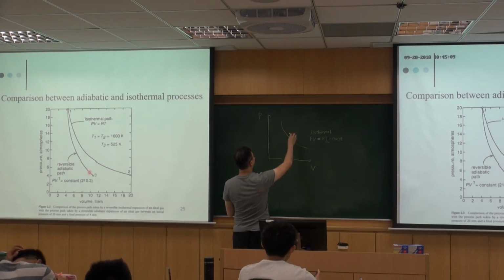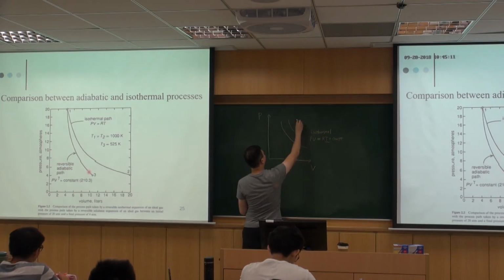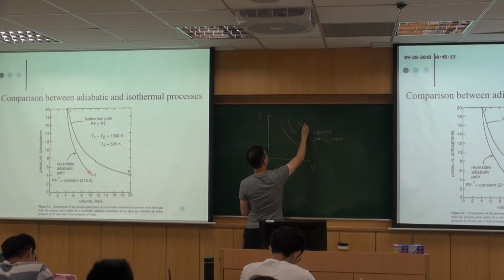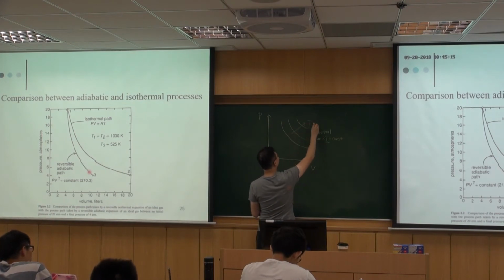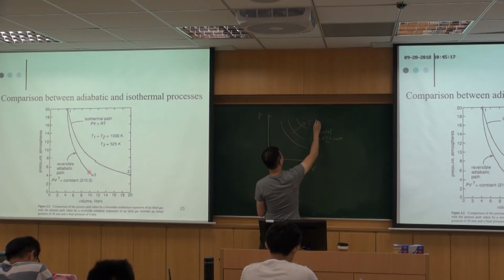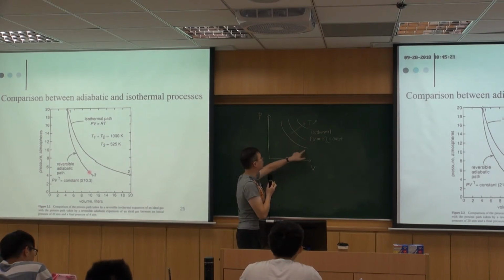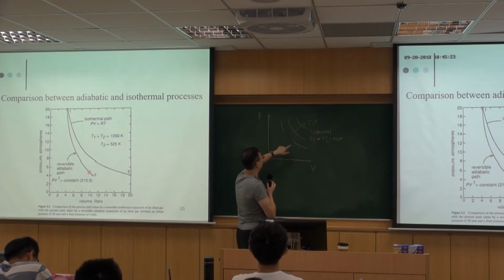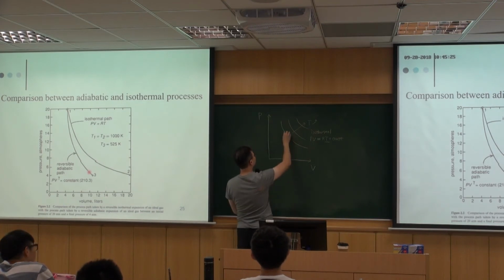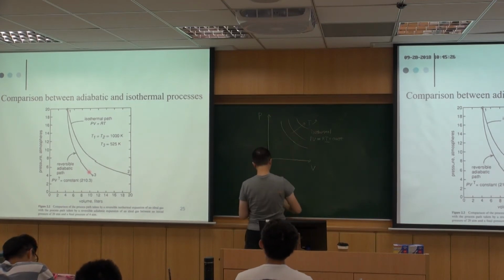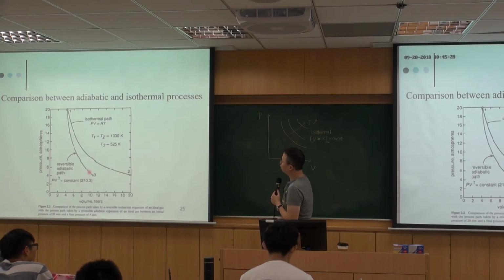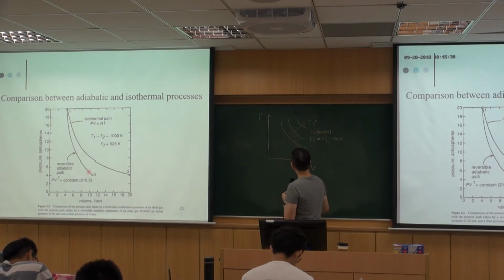If you have a higher temperature, you have a higher line. So if the temperature is higher, then this isotherm, which represents the same temperature line, will go up, right? So this is a typical feature for an isothermal path.